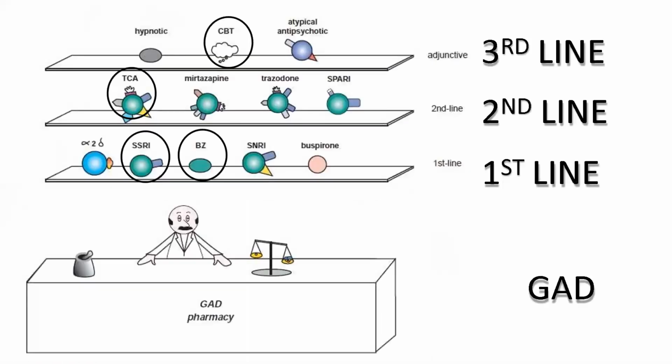And lastly, there is anxiety disorder and how to manage it at the pharmacy level, in a summary type. It talks about anxiety and generalized anxiety disorders in pharmacy. You can see the first line drugs are SSRIs or benzodiazepines.